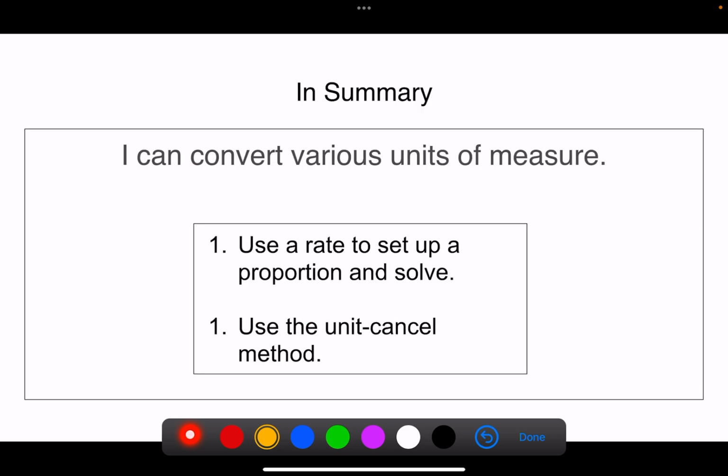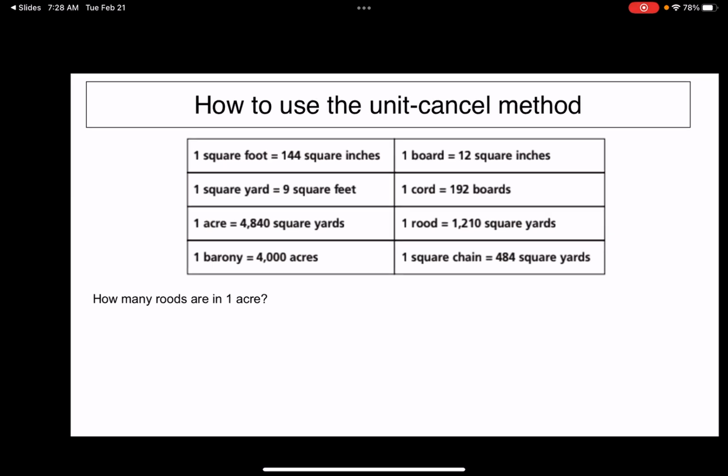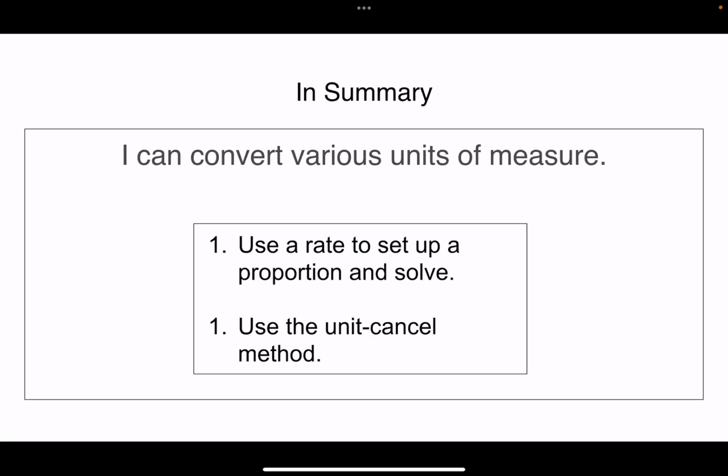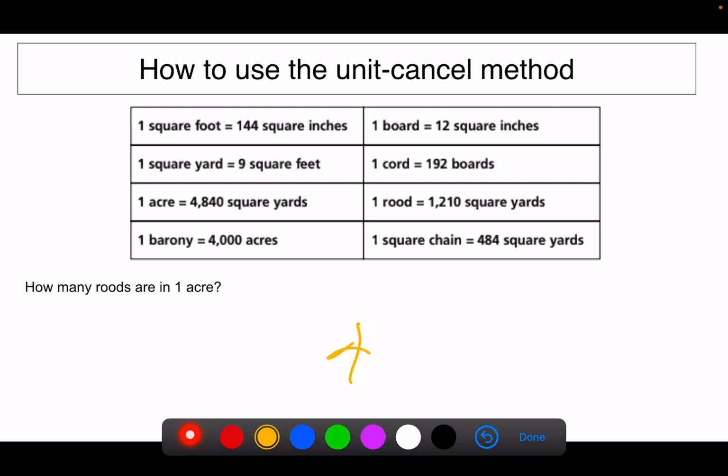Oh no, my hand keeps hitting that and erasing it. We end up with 4 roods per 1 acre. Sorry, the math disappeared. And that's it.